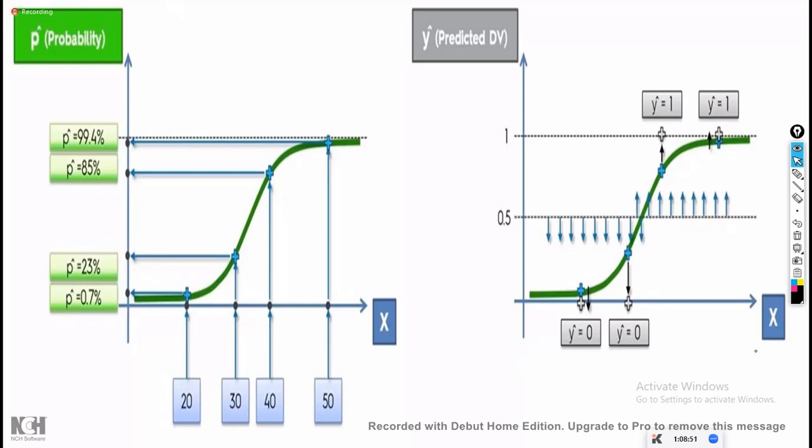Everyone will assume logistic regression gives the answer as zeros and ones. No. Logistic regression basically gives the output as probability, not zeros and ones. Whatever the probability you have, based on the threshold, you convert it.